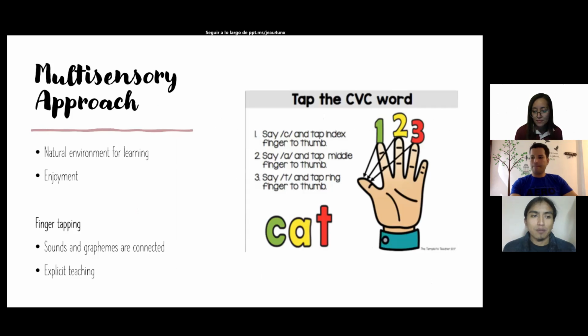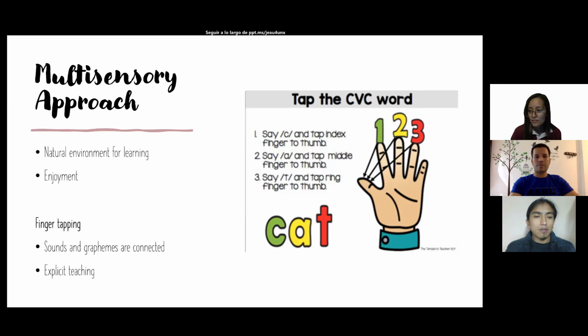Now, we are going to explain why we decided to make use of the multisensory approach as well. As we previously mentioned, students like to play while learning, and it's crucial to take into account all the different styles that our students have when we plan our lessons. So the multisensory approach has proven to be beneficial for students with speech and language disorders.